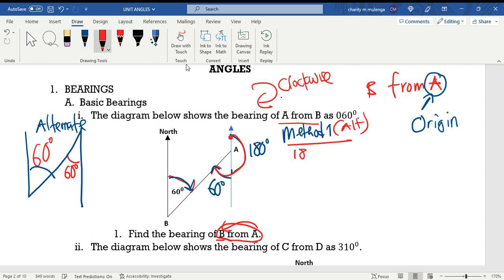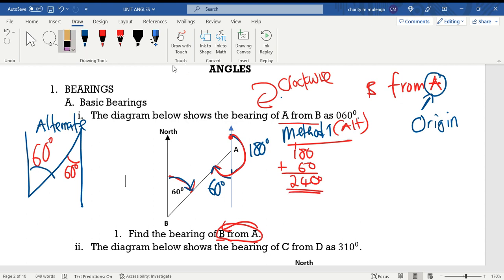That's all, and I'm done. That's method one. So 0, 8 plus 6 is 14, so it's 4 carry 1. 1 plus 1 gives me 2. So my bearing there is 240 degrees.